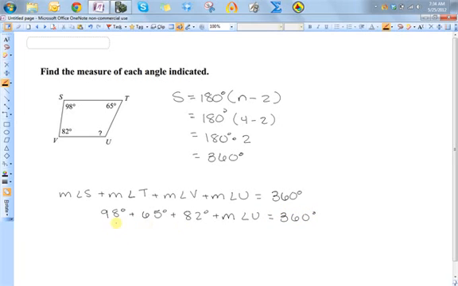So if I add all those up, I should get 245 degrees plus the measure of angle U equals 360 degrees. Then if I subtract 245 from both sides, I get that the measure of angle U must equal 115 degrees.